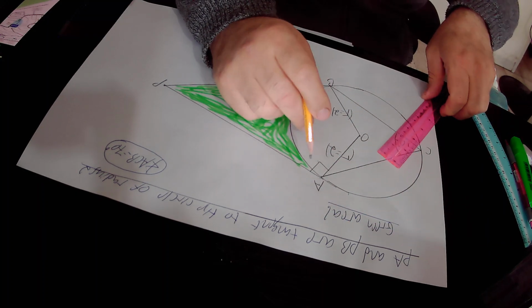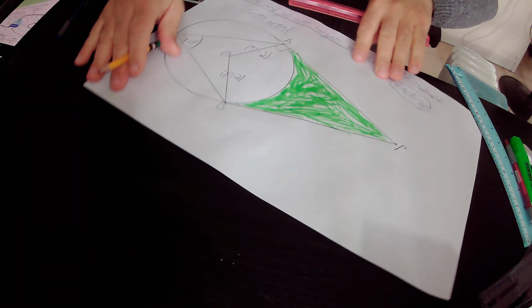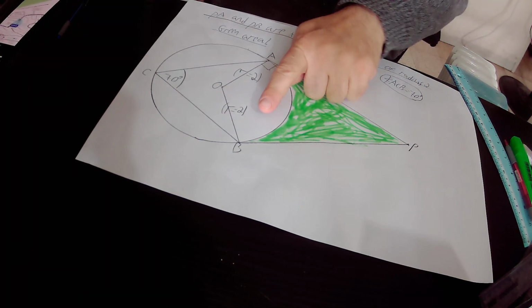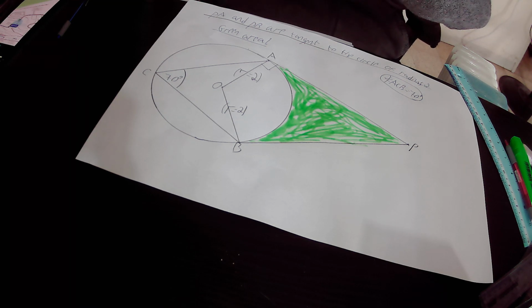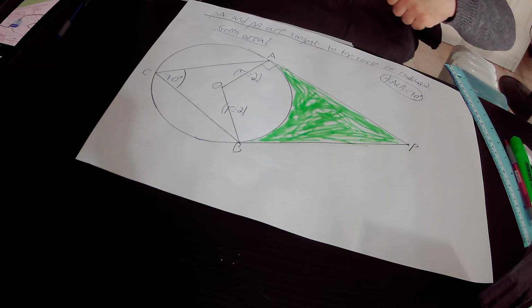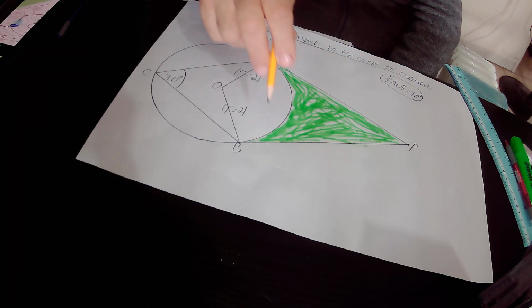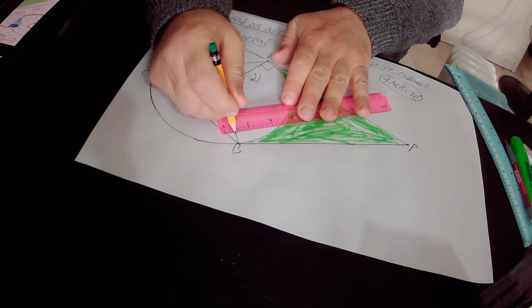Likewise, according to the same rule, rule 1, we have the radius OB drawn to point B, the point of tangency of tangent PB with this circle. Then tangent PB will be perpendicular to the radius BO. If PB is perpendicular to BO, it means that this angle equals 90 degrees.